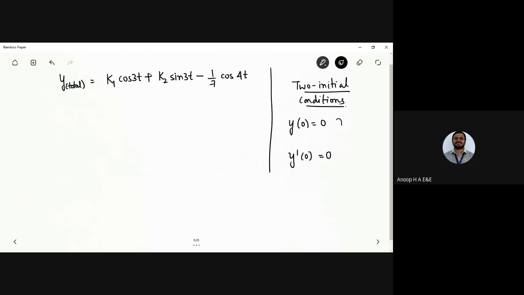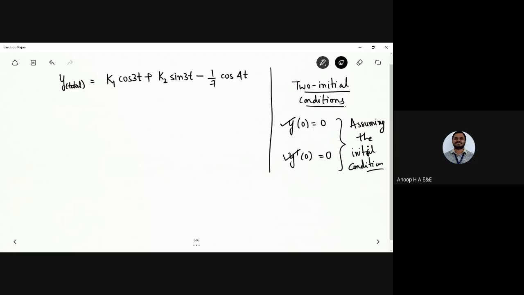Assuming the initial conditions, you can take the first initial condition as y of 0 equals 0. Next, y dash of 0 equals 0.